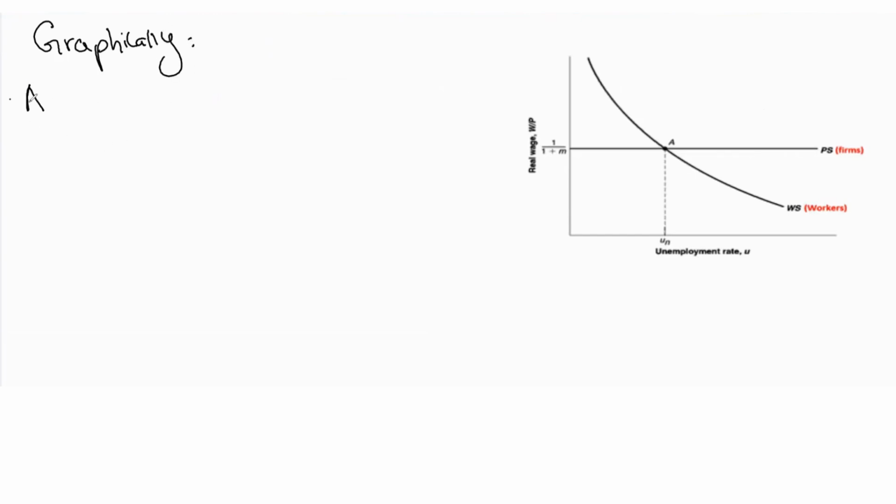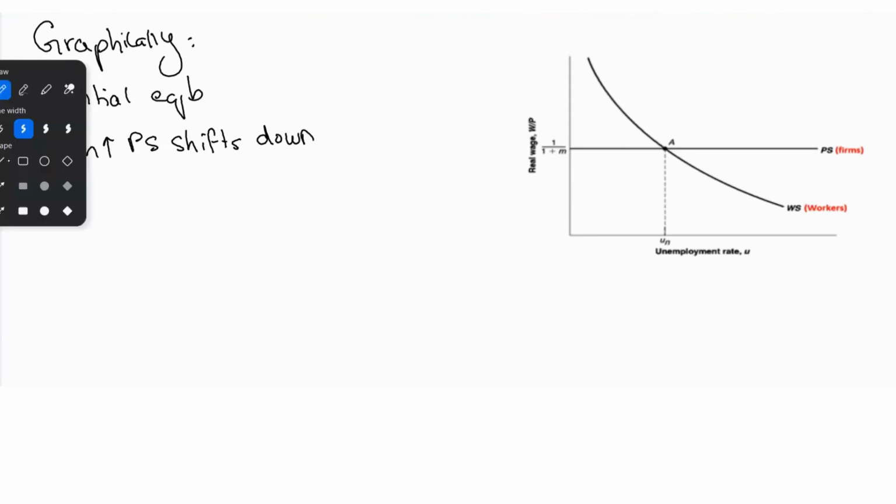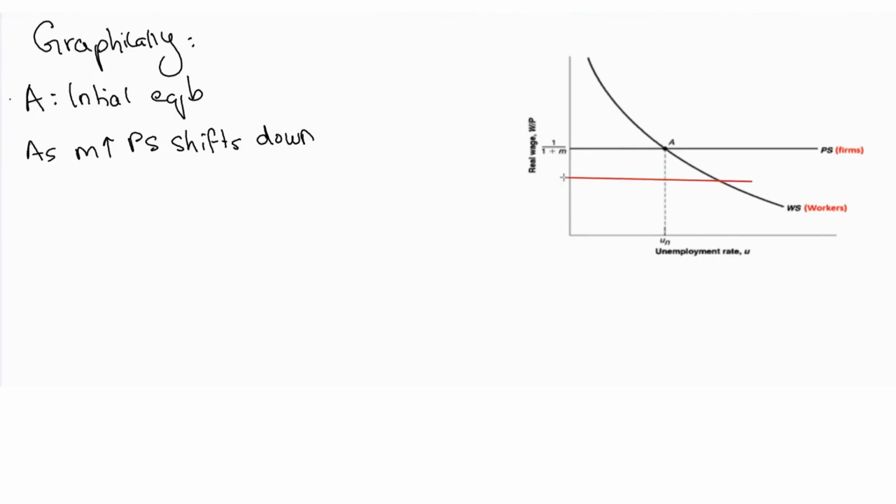The idea is that A represents your initial equilibrium, which is at the intersection of our wage setting and price setting curve. Now, as M increases, we talked about PS will shift down. So our PS curve will shift down.